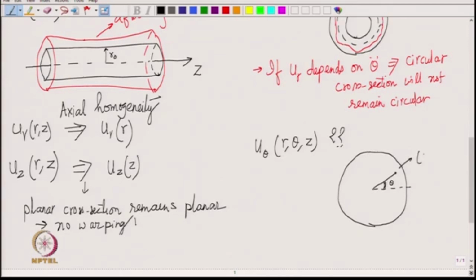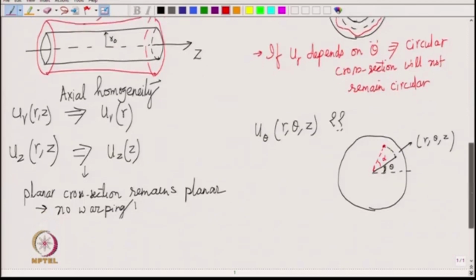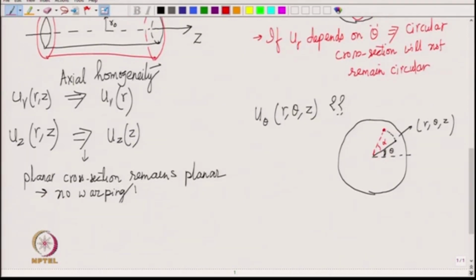So, this point has coordinates r, theta and z, and if the cross section rotates, let us say by angle alpha, then this point will rotate and come over here, and this angle is alpha. Of course, there would be some radial displacement also, due to which the radius of the point will change. But let us think of how much is u theta now.